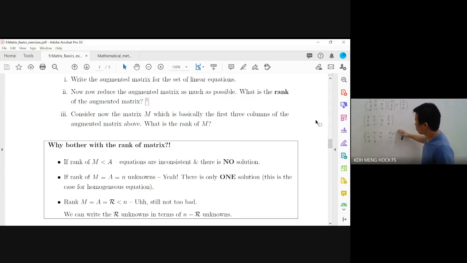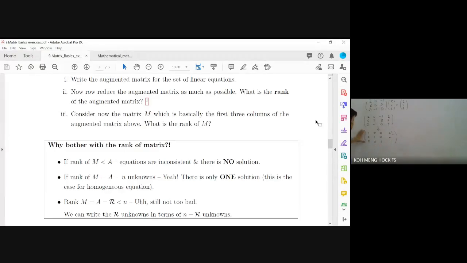So now once you have row reduced this to this, we call this matrix A. And this part over here, let's call this the matrix M in the book that I mentioned here.